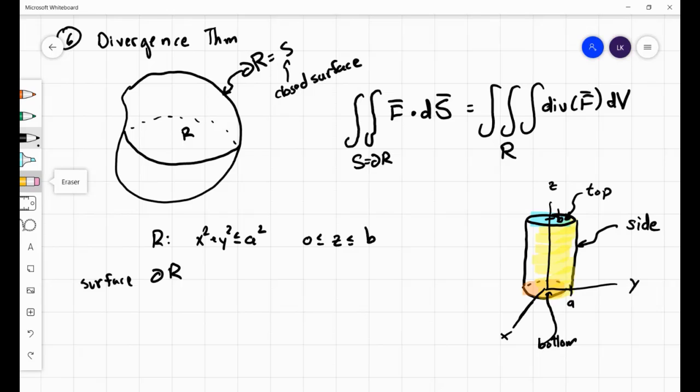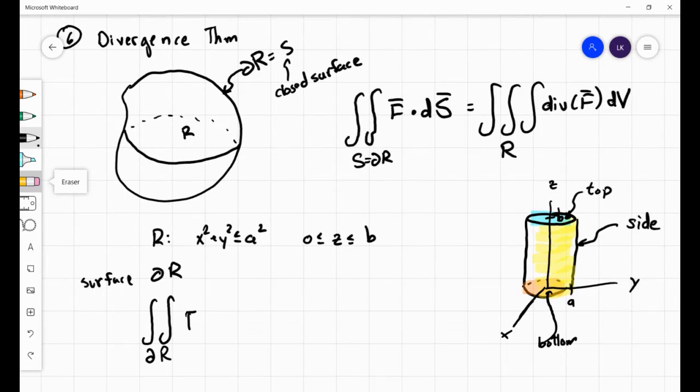And perhaps we were asked to find the flux through that surface. It's important that it's closed, right? If we didn't have the top, for example, that would not be a closed surface. And we want to do the flux through the surface.